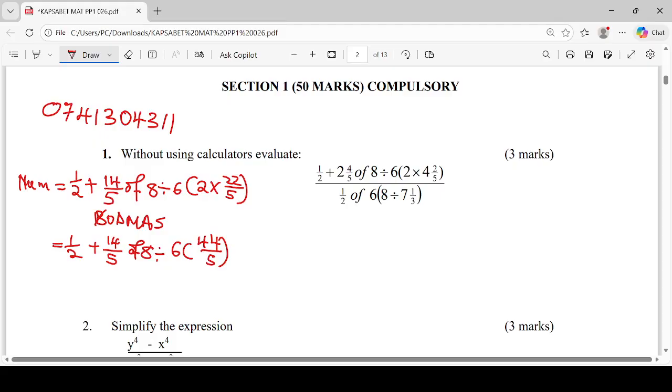So this is again going to become a half plus 14/5 of 8 being divided by, now we are having 6 being multiplied by 44/5, and that will now become 264/5.